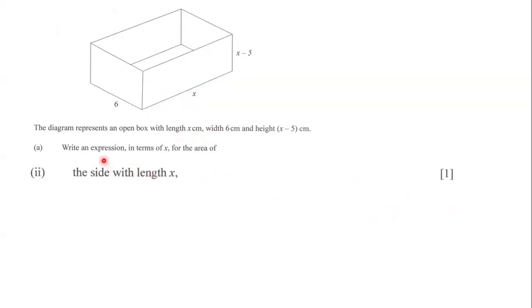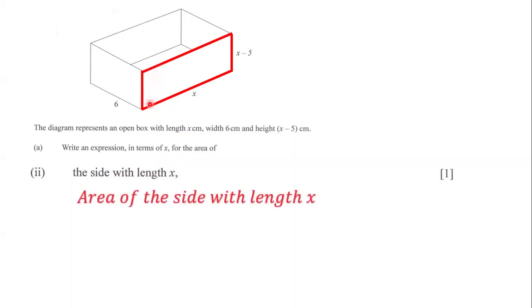Next, we have to write an expression in terms of x for the area of the side with length x. And so they're referring to this particular side. So we have to figure out the area of this side. Now, this side is rectangular. The area of a rectangle is length times width.